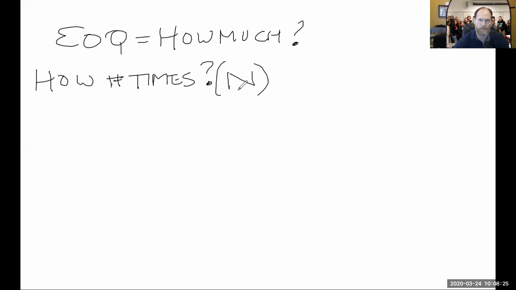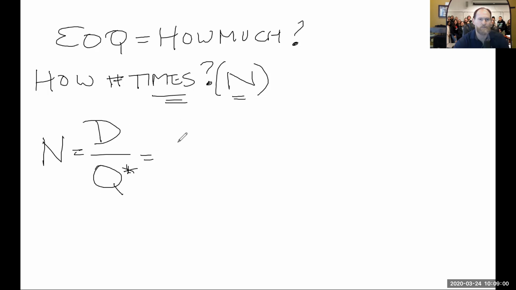And I don't really care for that. But in the context of this problem, N is defined by D divided by that EOQ. And if you remember from the previous screen, this is a component of annual setup costs, but this alone determines N, and N stands for how many times are we going to order throughout the year. So it is a matter of times. It's not units, it's not dollars, it's times.